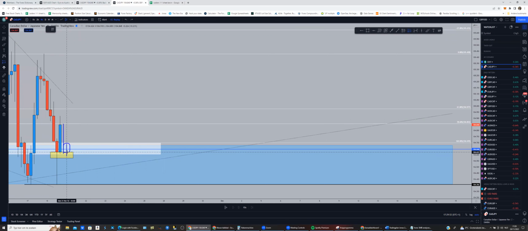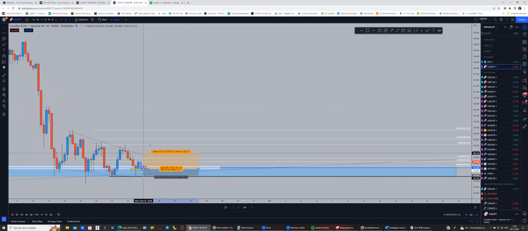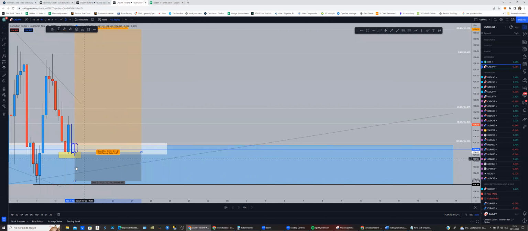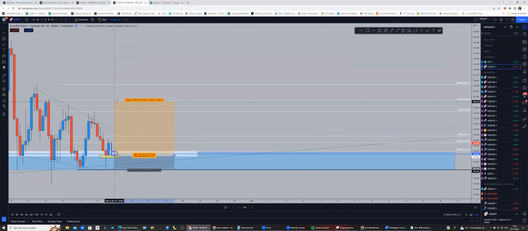Then we can take the long setup like this till the daily TP for around, yeah, 4% is enough, 4.1%, around this number till the downside like this, 1.105.600, for around 4.1% is enough.